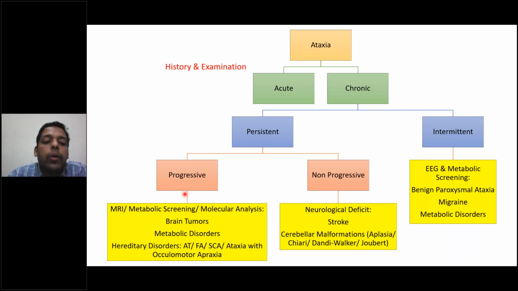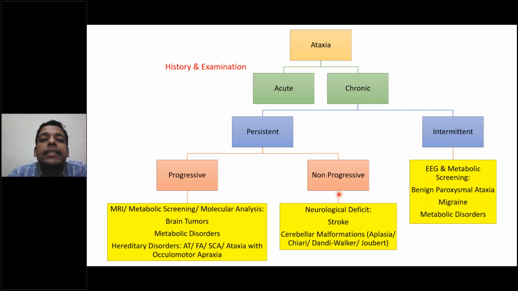Here we would like to do an MRI, some metabolic screening, and some molecular analysis, and common causes for this can be brain tumors, some metabolic disorders, and hereditary disorders like ataxia telangiectasia, Friedreich's ataxia, spinocerebellar ataxia, or ataxia with oculomotor apraxia.